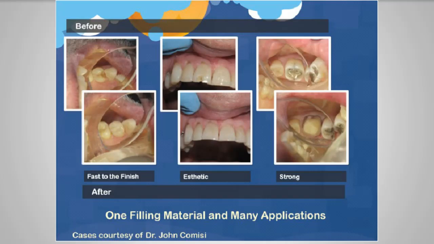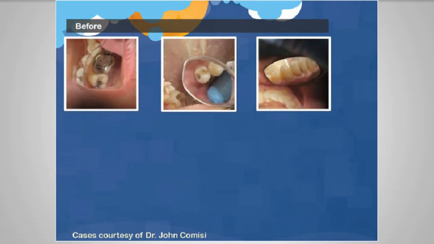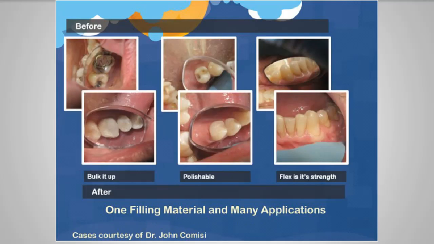Do I have any extra retention in my preparations? Well, yeah, depending on the size of the preparation. If you're doing something really large, like the one in the other slide here, you're certainly going to want some kind of retentive capability in there. So I'll put some slots and some grooves into those, like the one on the upper left-hand side.